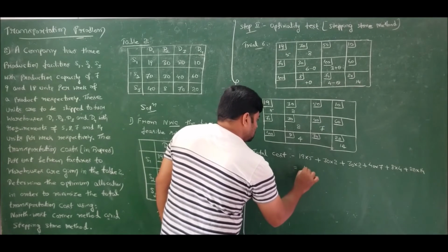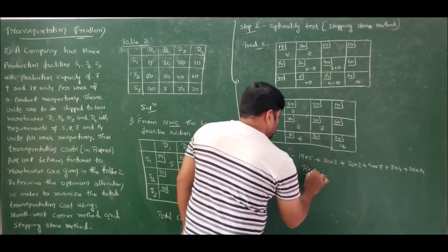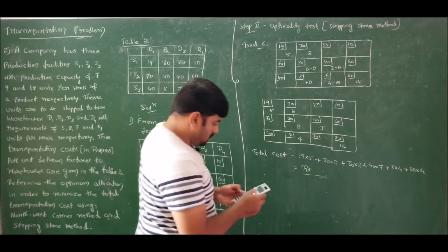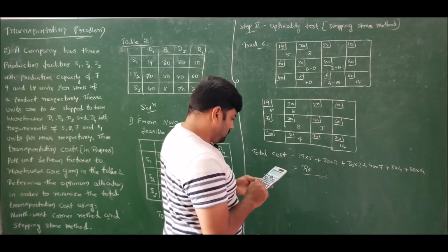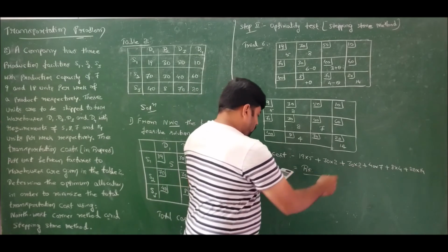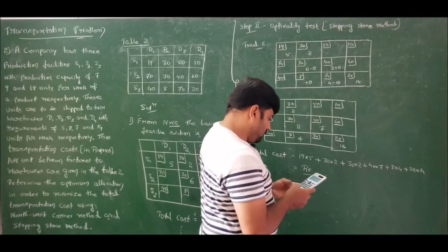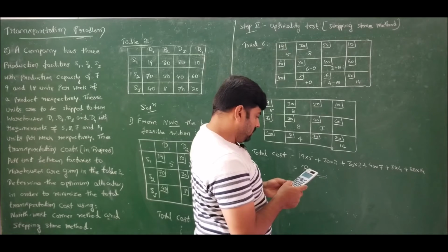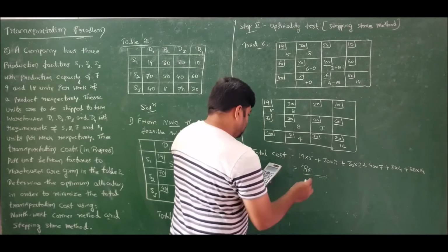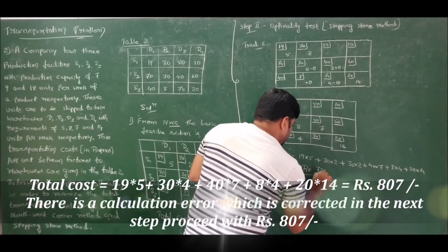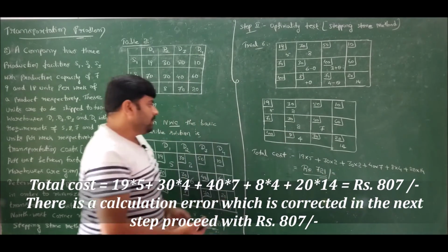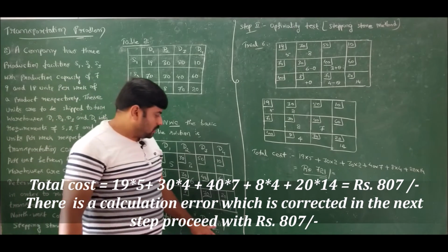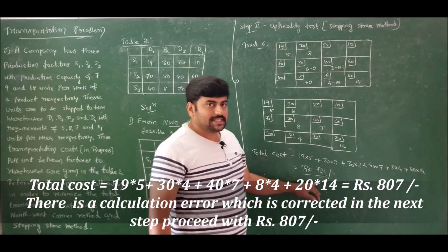So this yields us the total transportation cost will become 19 into 5 plus 30 into 4 plus 40 into 7 plus 8 into 4 plus 20 into 14, which becomes 721. So you can see that the initial basic feasible solution gave the total cost as 1015 rupees. Now it has reduced to 721 rupees.